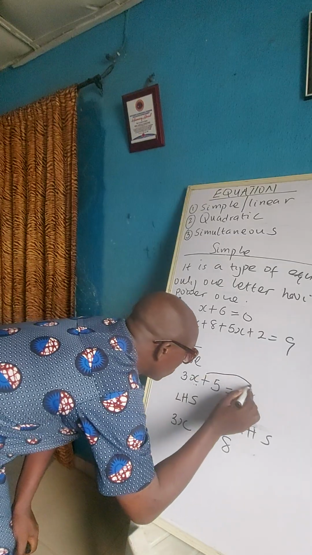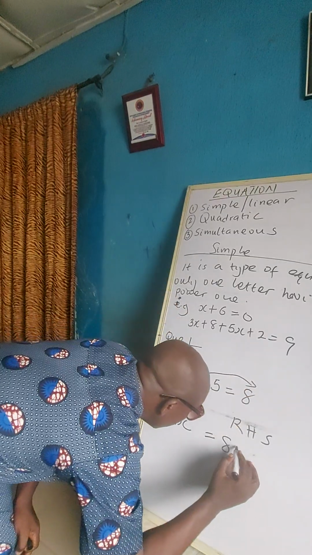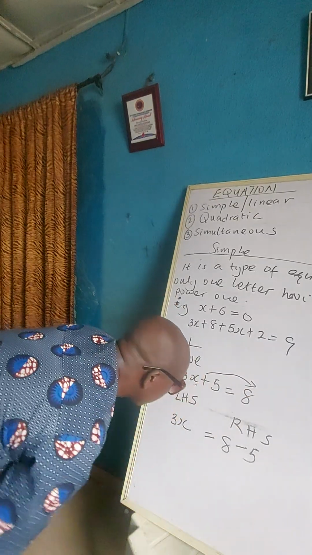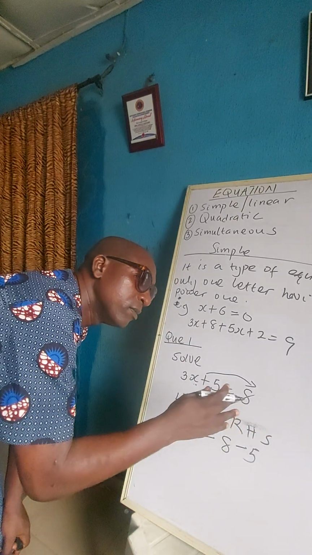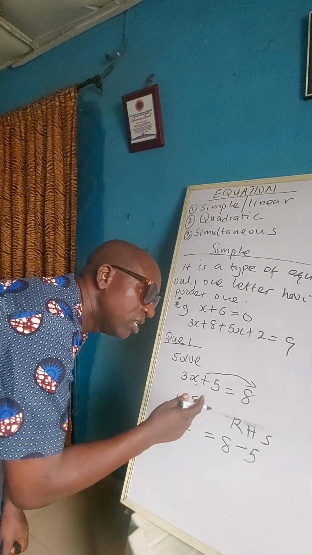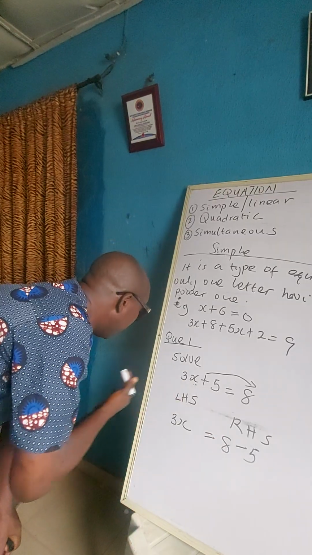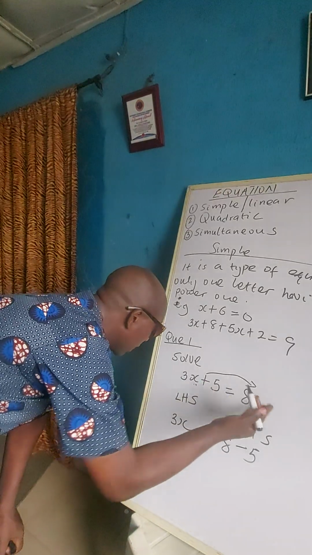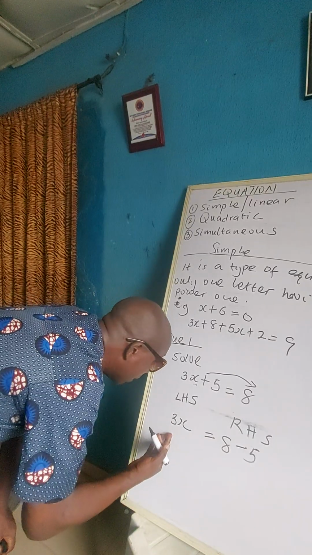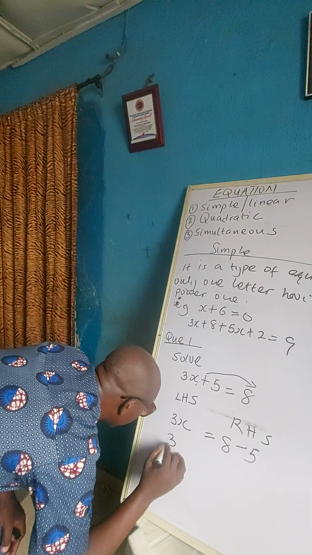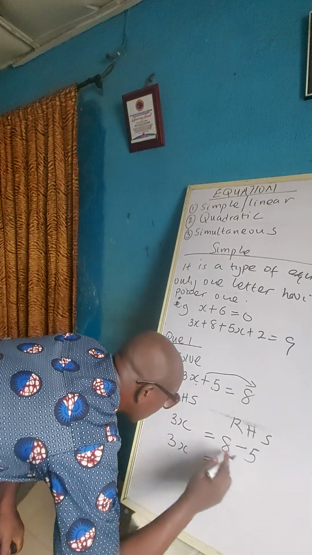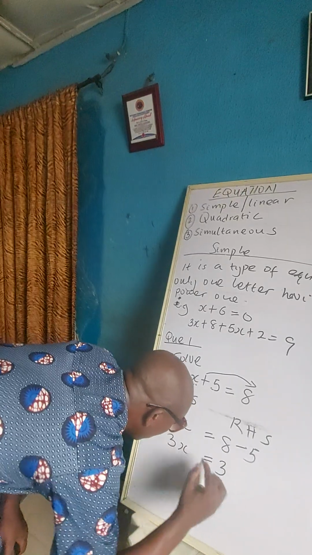It becomes minus 5. Make sure after doing this you count all the figures and letters, whether they are complete: 1, 2, 3. It's complete. Then let's move. 3x equal to 8 minus 5, which is 3.